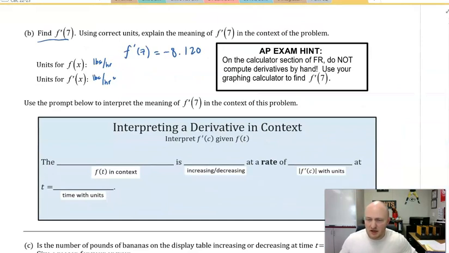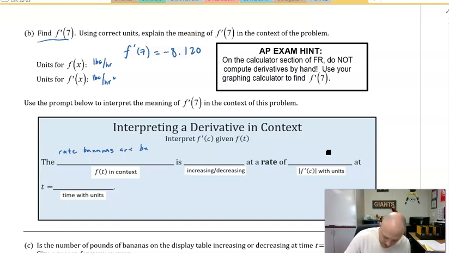Okay, and let's interpret this in context. What does this mean in context? So f of x, that's the rate the bananas are being removed. So the rate bananas are being removed from display is, and what is it, increasing or decreasing?